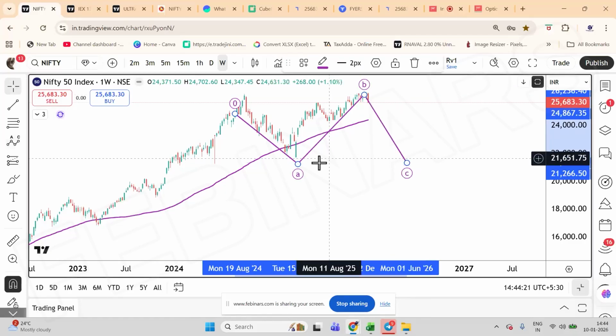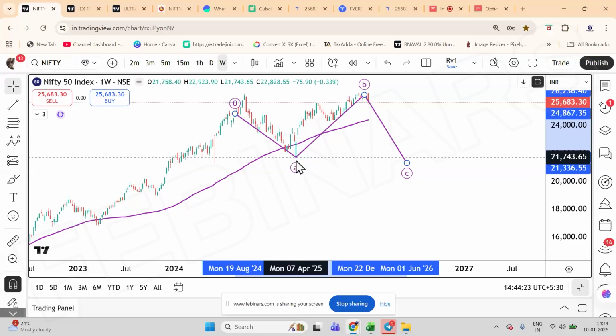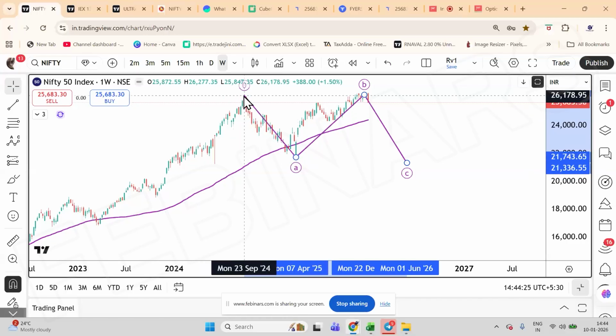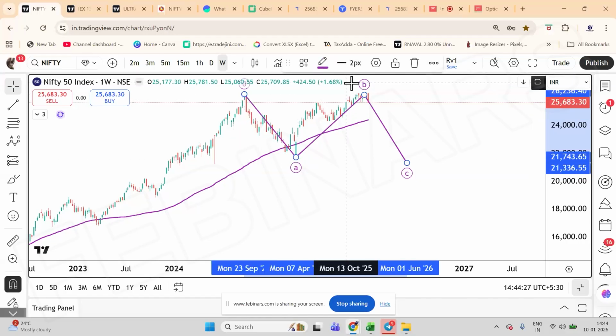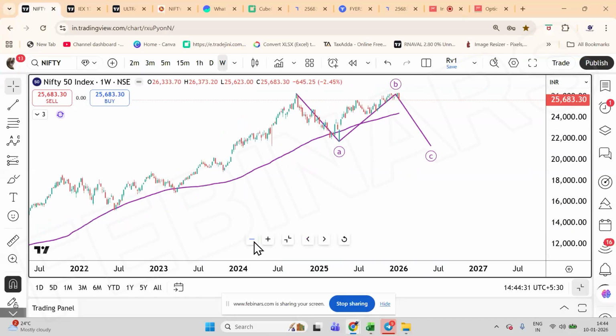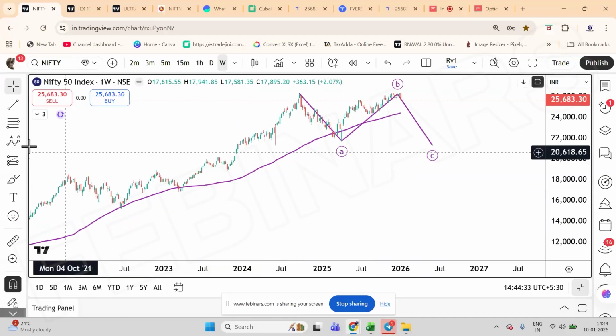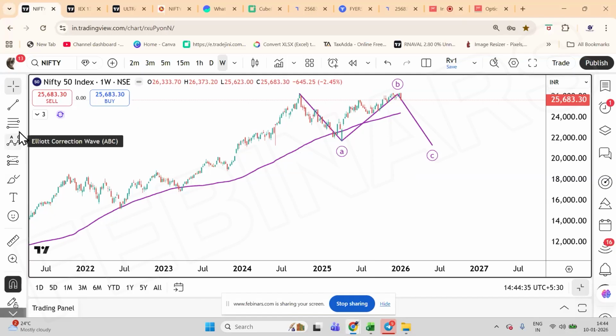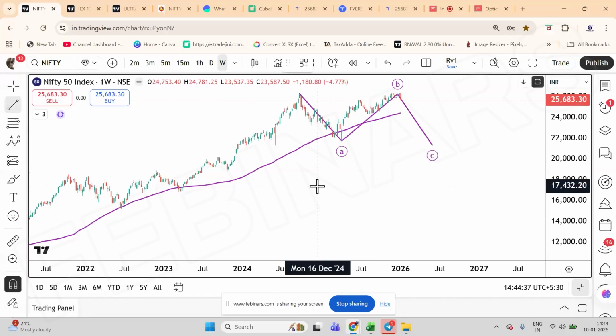See, this could be the probability for the markets. This is what I am seeing in these markets. How much would be the retracement, I'm going to show you. This is the ABC, what is happening. And here, what is happening, I'll show you again.